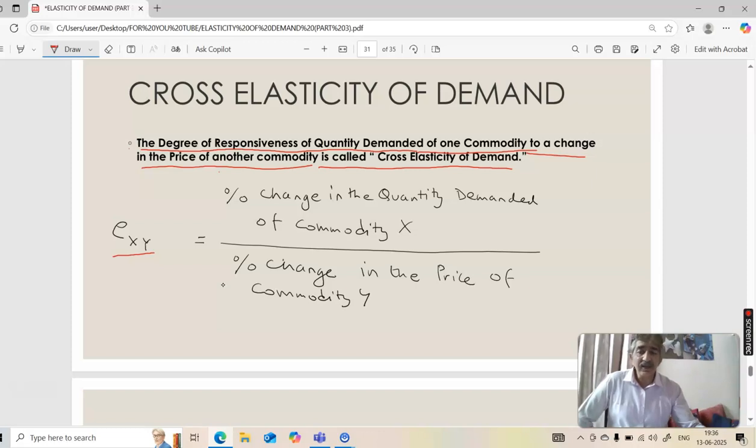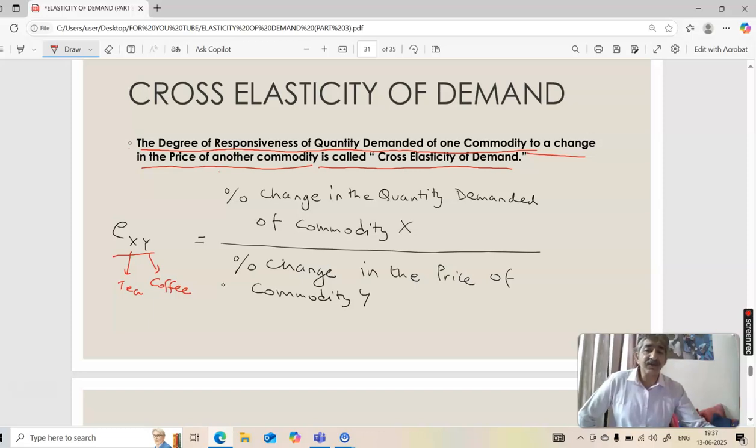Now let's say we want to measure the cross elasticity of tea. So a main product is tea. So X here becomes tea, and Y is a related product, and coffee is a related product because it's a substitute of tea. So Y basically is related product. In my example, it's coffee. So as numerator, what will I take?